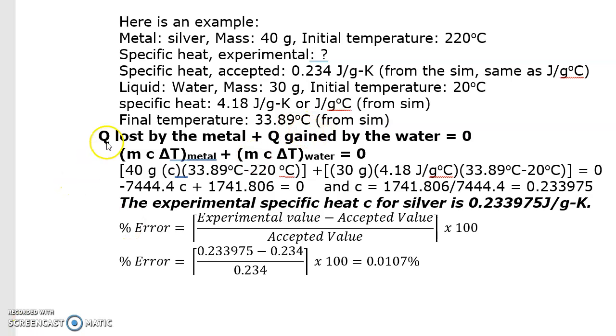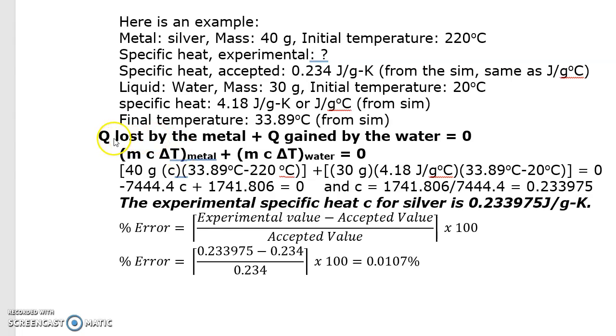Here is our working equation. The heat Q lost by the metal plus the heat Q gained by the water is equal to 0, where Q stands for heat and it's equivalent to the product of mass M times specific heat C times delta T, which is a change in temperature, which is final temperature minus initial temperature.